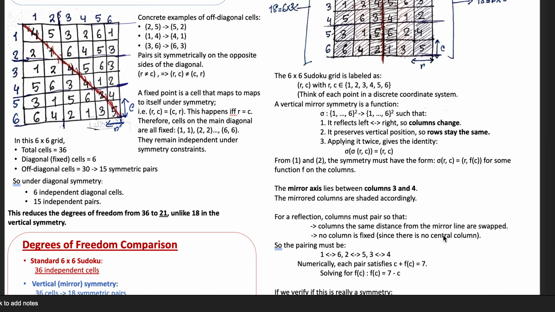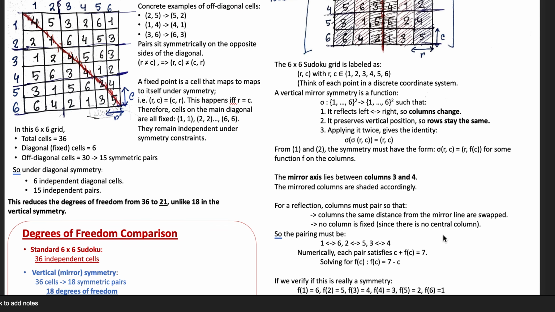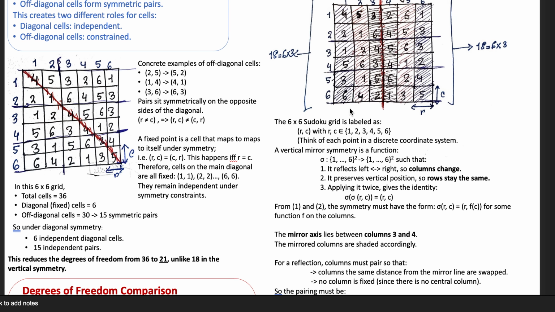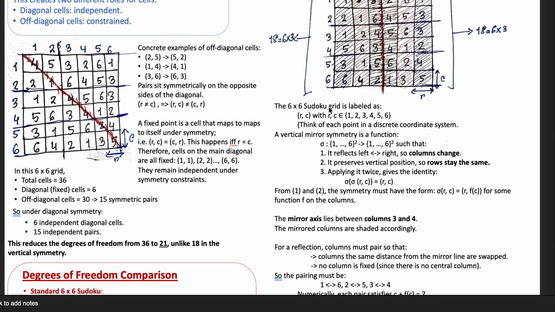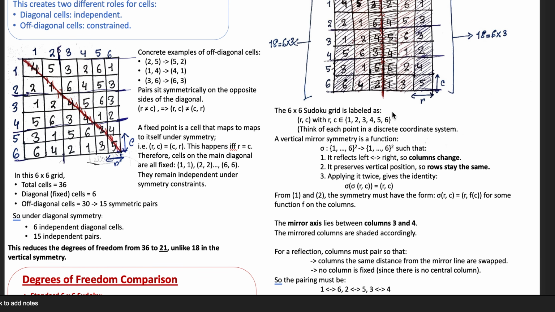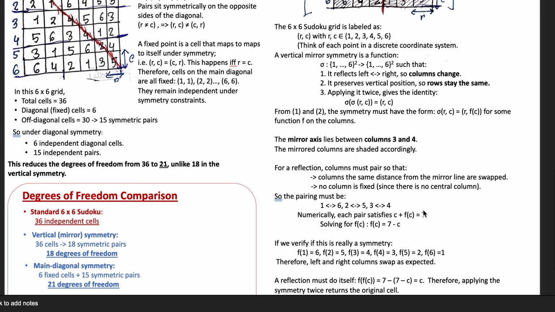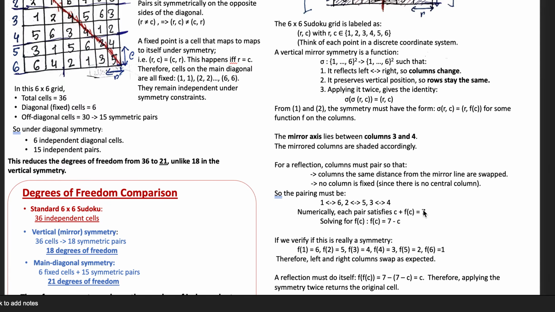This can then be used for the pairings of columns: column 1 can be paired with 6, column 2 can be paired with 5, column 3 can be paired with 4. And this pairing ends up satisfying the equation C plus f of C equals 7.